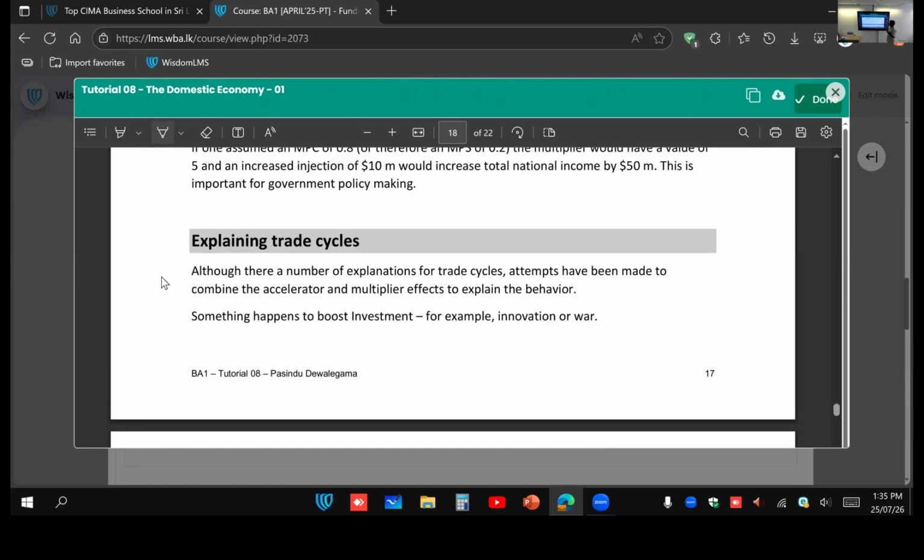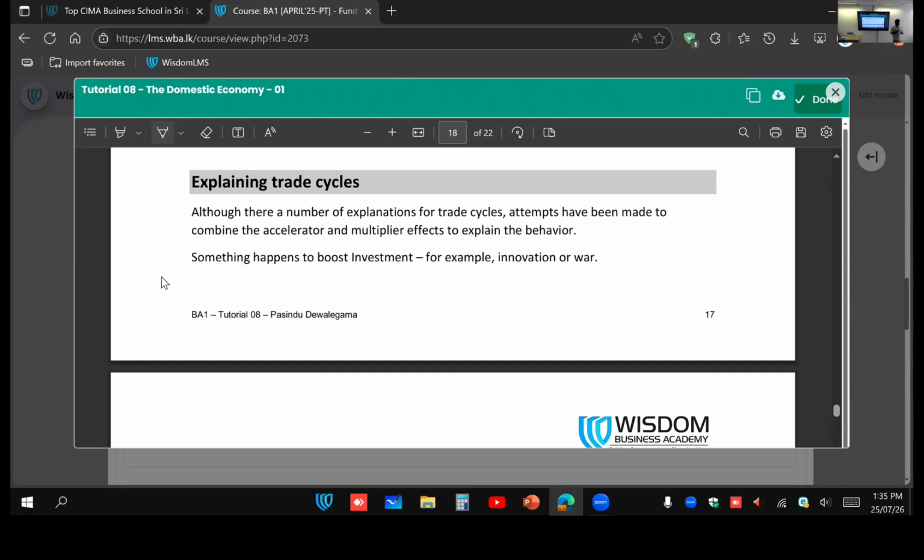Explaining trade cycles. What was a trade cycle? What are the 4 stages in the trade cycle? Previously, I gave the diagram, right? Yes. Growth, recession, trough, peak. The trade cycle is just like a wave, right? So what are the 2 basic factors the government should try for when it comes to the trade cycle?